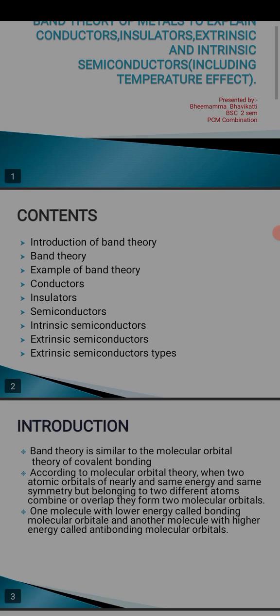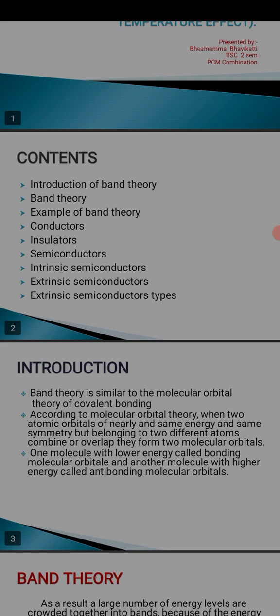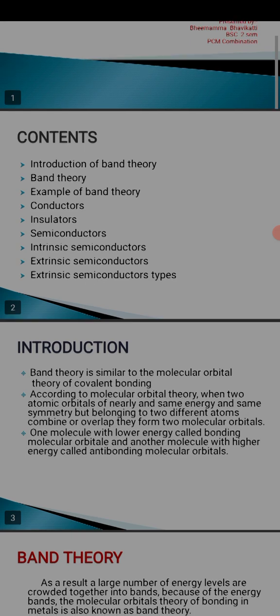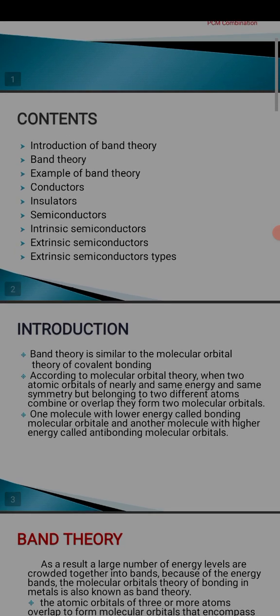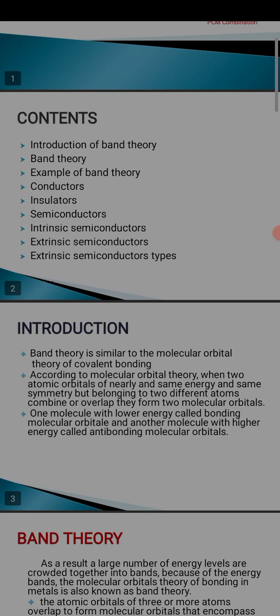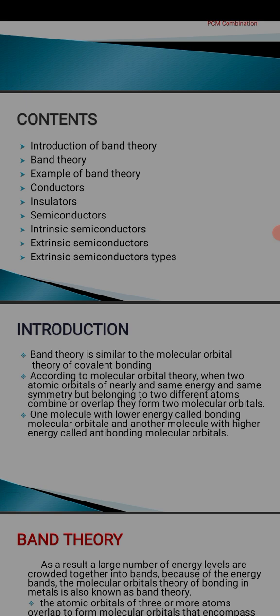The introduction is: band theory is similar to the molecular orbital theory of covalent bonding. According to molecular orbital theory, when two atomic orbitals of nearly the same energy and same symmetry, but belonging to two different atoms, combine or overlap, they form two molecular orbitals.